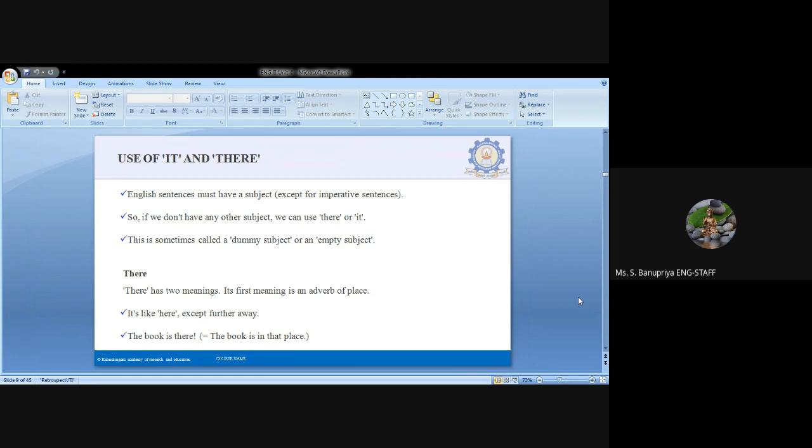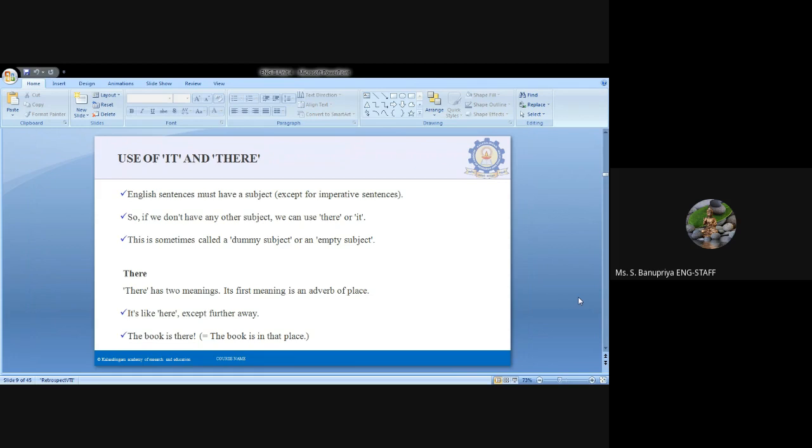Usually, a noun will be the subject, but if in case we have to use some subject to fulfill the sentence, we can use it or there, which is called a dummy subject or empty subject.